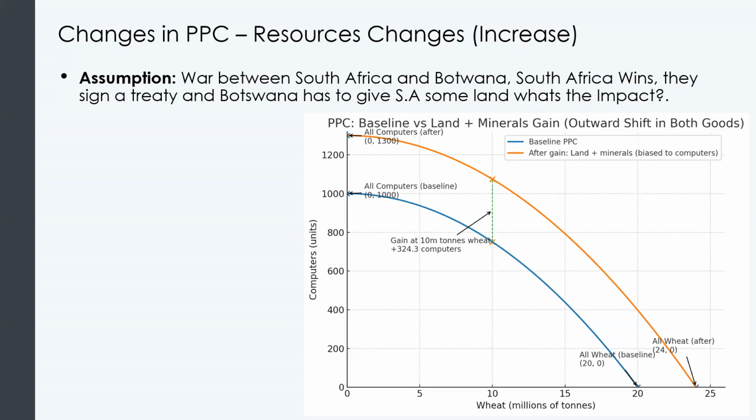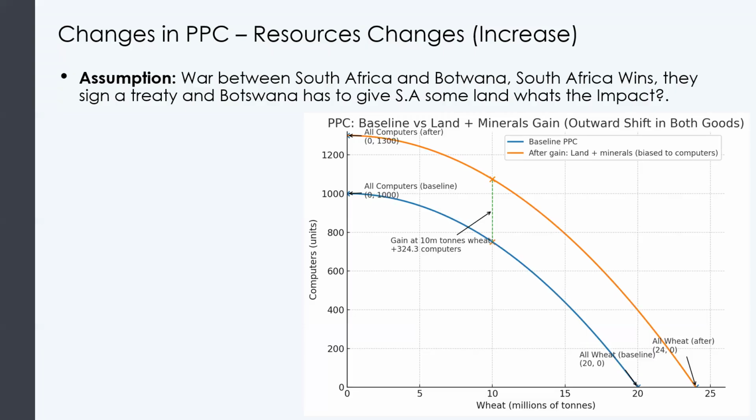For example, if South Africa discovers oil in the sea, we can produce more products because we now have more oil. If we go to war right now with Botswana over whatever argument, and Botswana surrenders and they give us their land, we can now produce more because we now have the land that once belonged to Botswana.